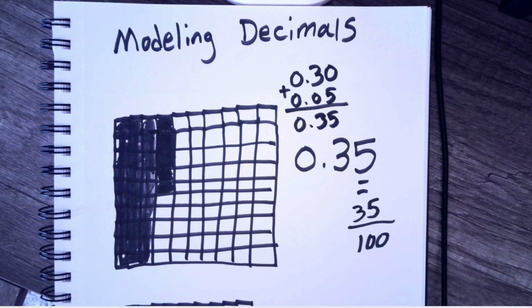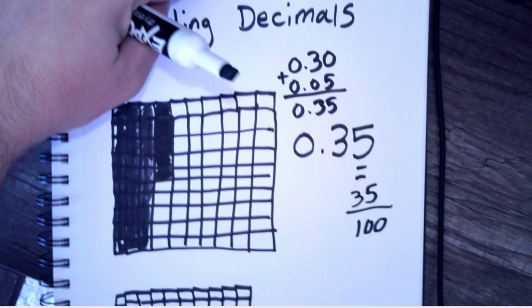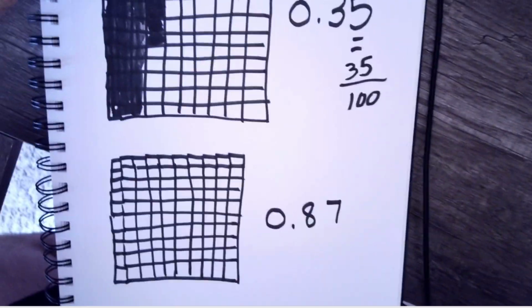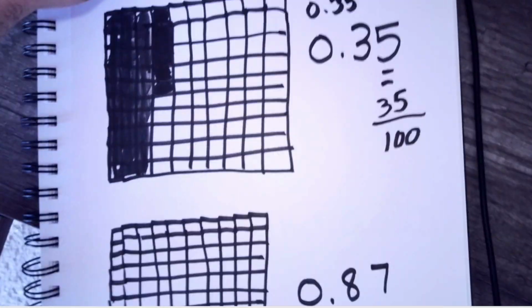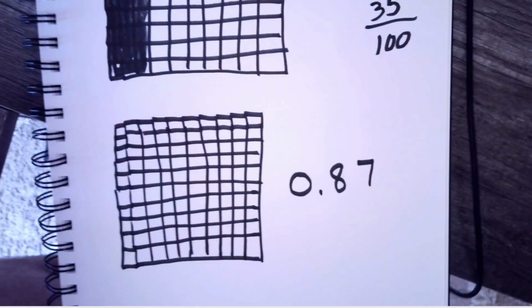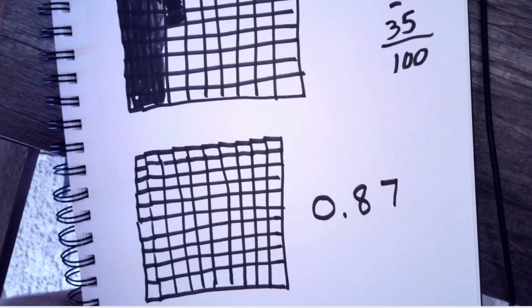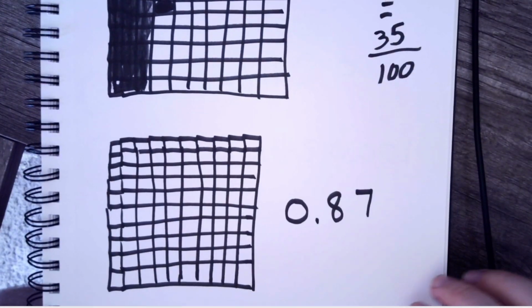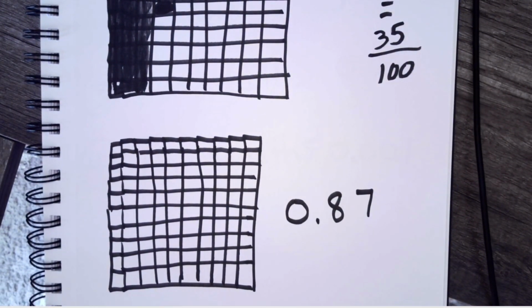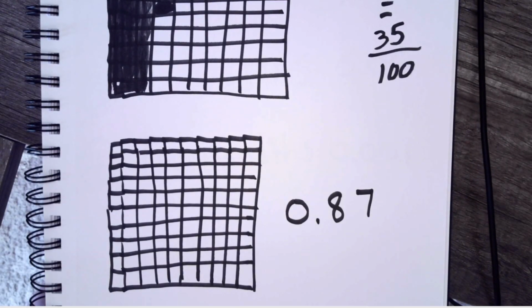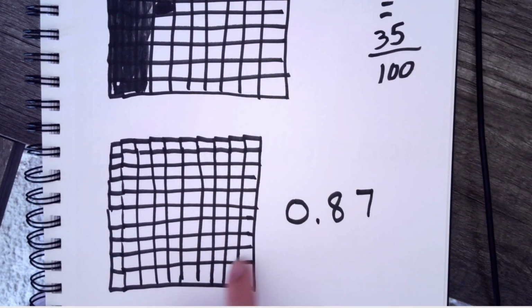Okay, let's look at one more, and I'll ask you some questions about this one. But we have, let me adjust this a little bit better. There we go. So we have a little bit of a bigger decimal this time. We have 87 hundredths, and again, there are 100 individual squares that make this one whole.